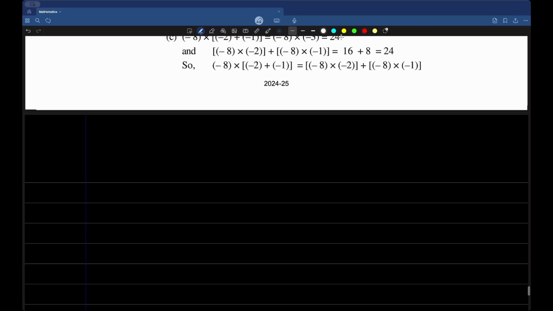We have discussed that integers are associative under addition.